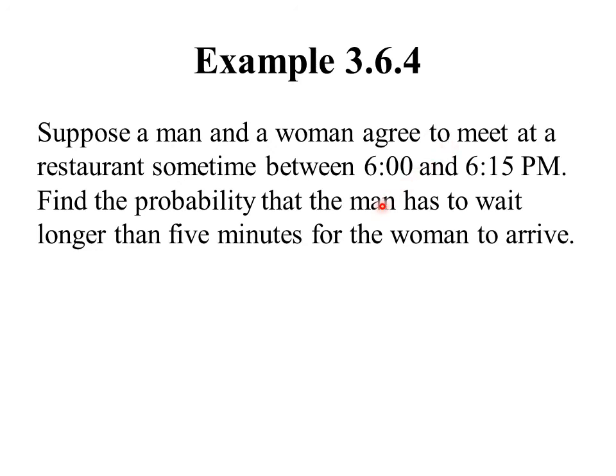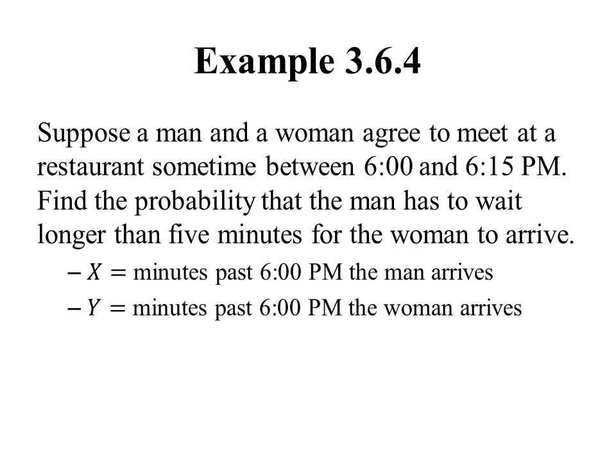But we've got really two random variables involved. We've got the time that the man arrives and the time that the woman arrives. So let's define our two random variables here. Let's let x equal the number of minutes past 6 p.m. the man arrives, and y is the number of minutes past 6 that the woman arrives.